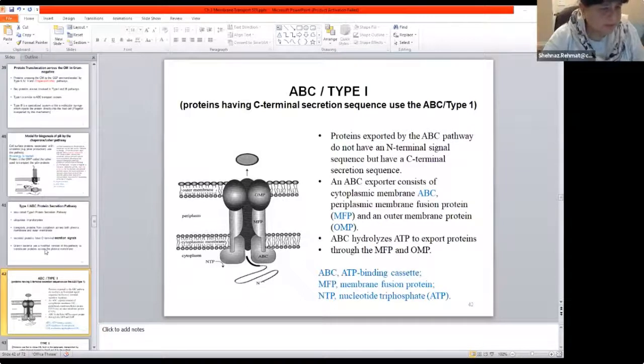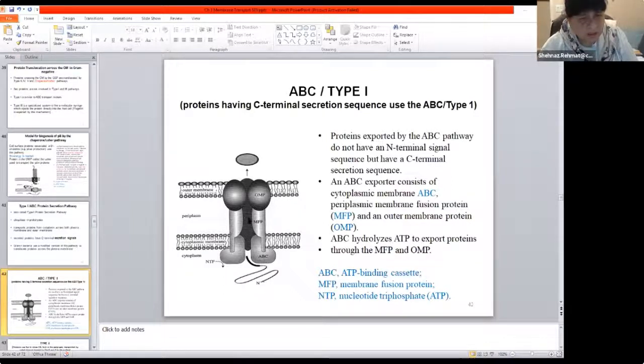Okay, so in this slide, we are looking at, remember, the type 1, which is almost like the ABC system, where you have a pre-protein that has an N-terminal signal sequence and also has a C-terminal secretion sequence. So two of those are there. And then the ABC exporter consists of the cytoplasmic membrane ABC.